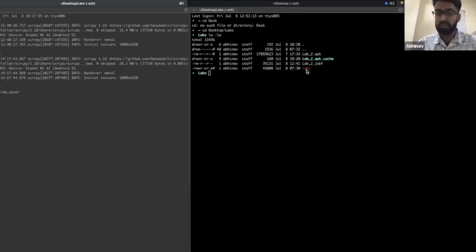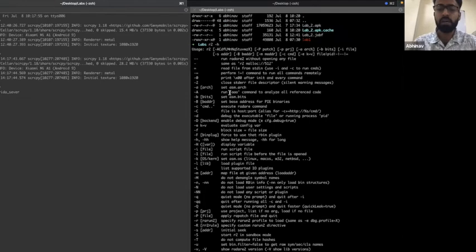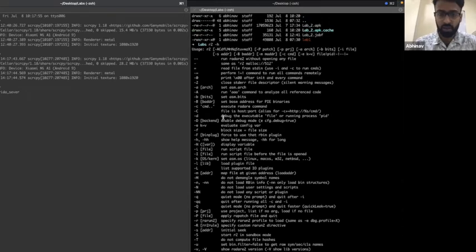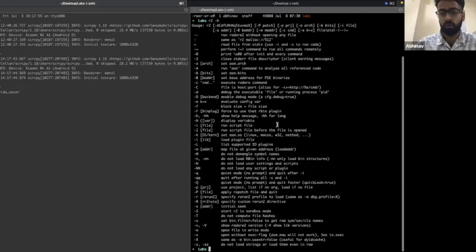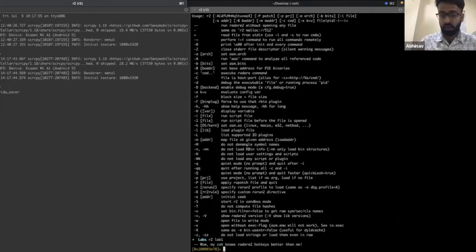Here I'm going to first run the help command to see what options Radare has. There are a lot of them. Most of them are for more complex analysis. For general analysis, you will not need so many. One interesting thing that I can see is the -A option. What it says is it will run the aaa command to analyze all the reference code. So it will analyze the code, which is what we want to understand how this binary works. So we're going to go into Radare once again and do aaa.